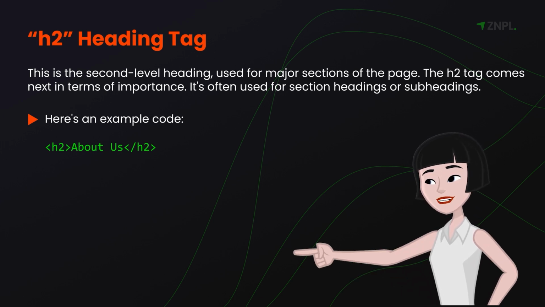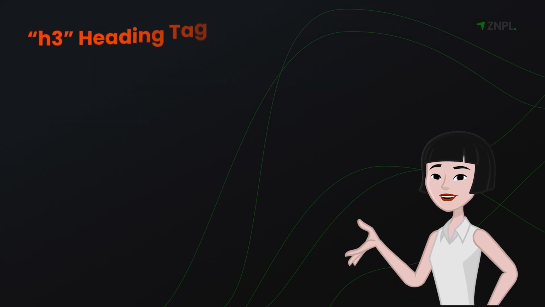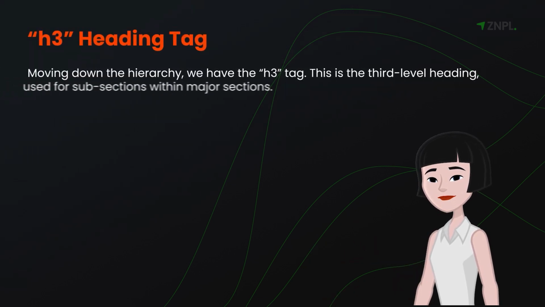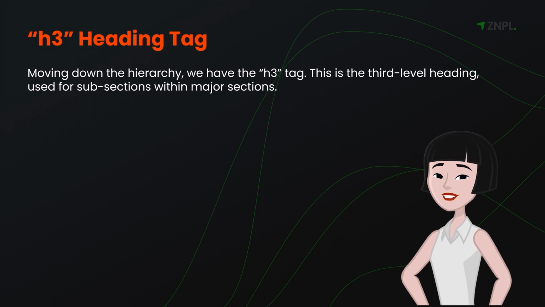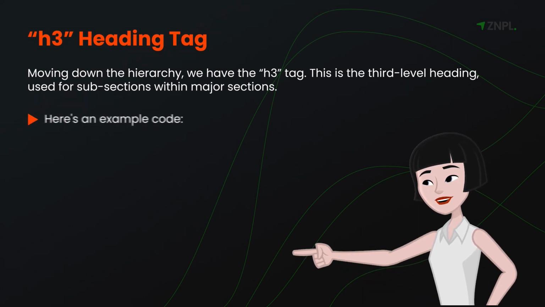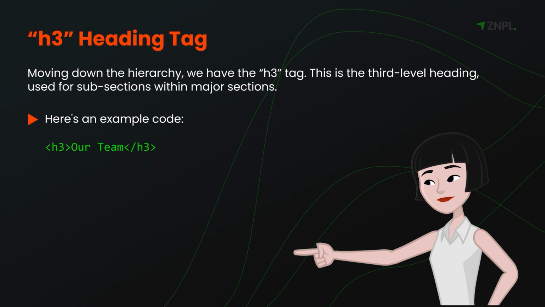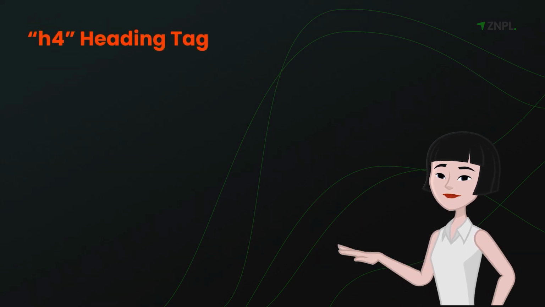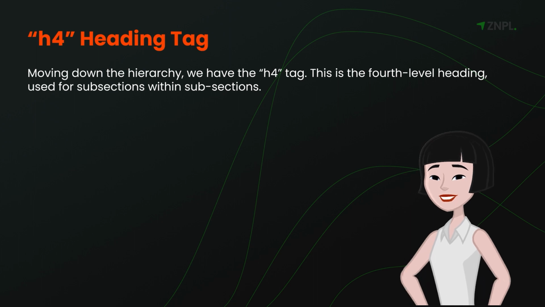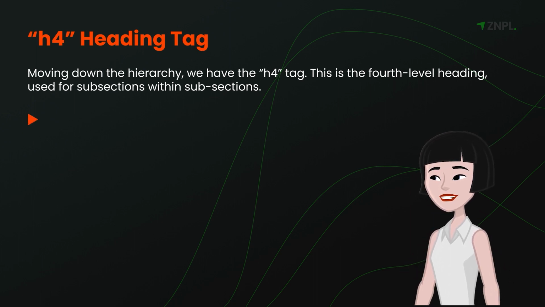For example, H3 heading tag. This is the third level heading, used for subsections within major sections. For example, H4 heading tag. This is the fourth level heading, used for subsections within subsections.